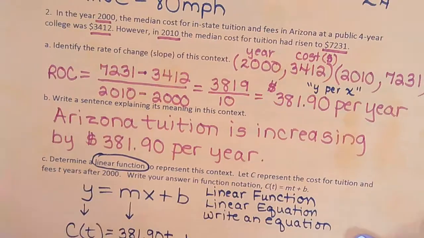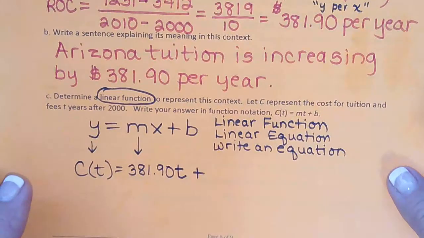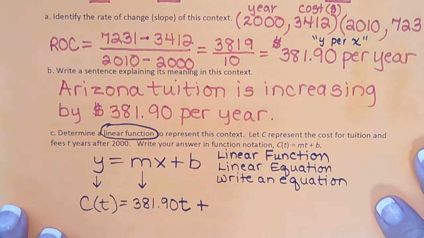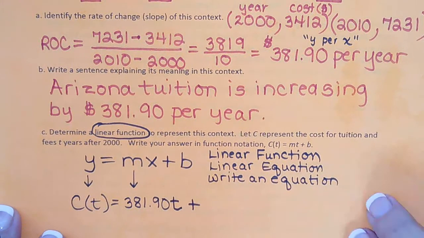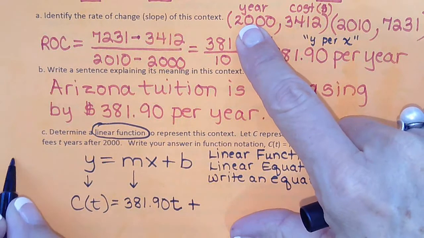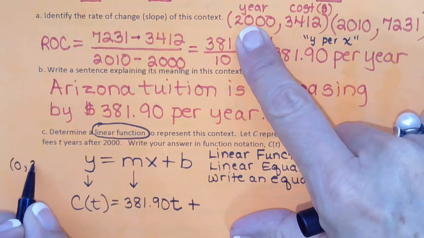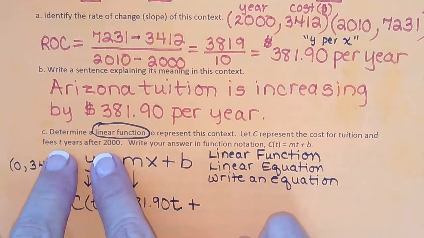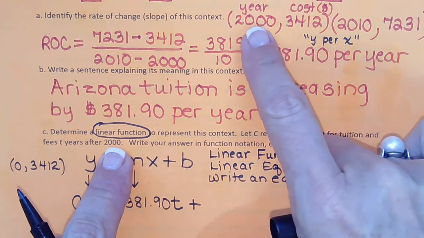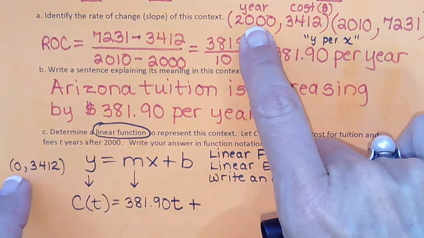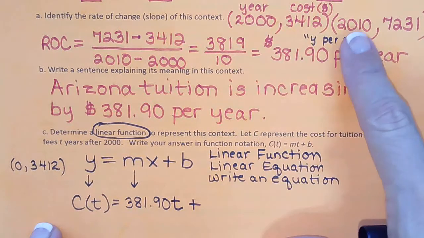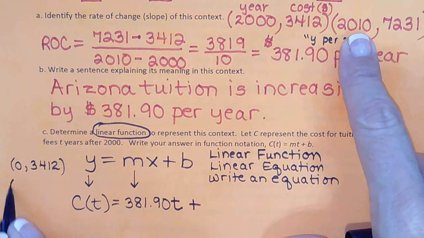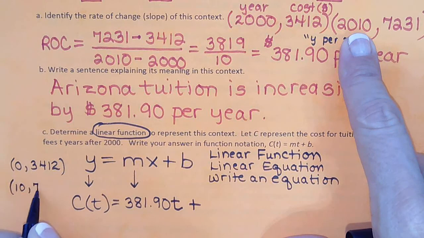So if you look at it, use that information. I want to try and keep these both in the same picture. So this point would turn into 0, 3412. If you're using this, T years after 2000, this is 0 years after 2000. This is 10 years after 2000.